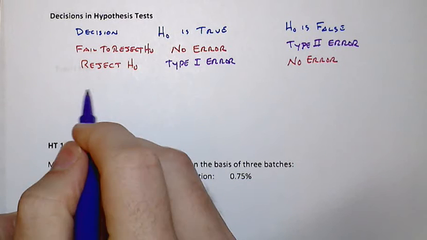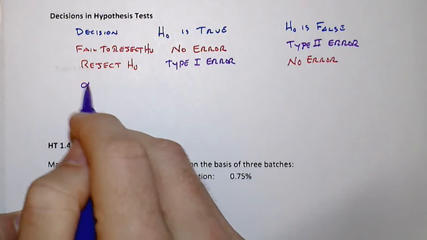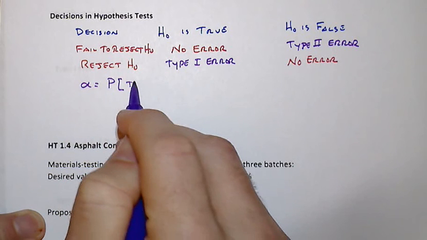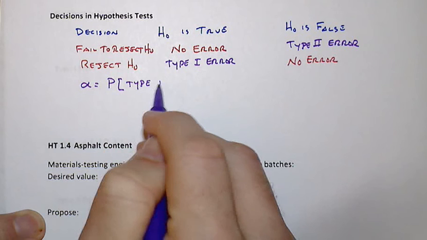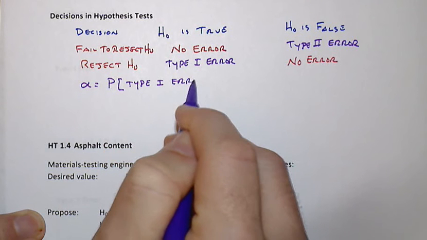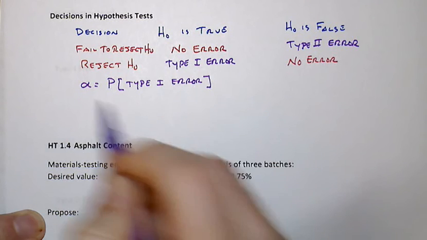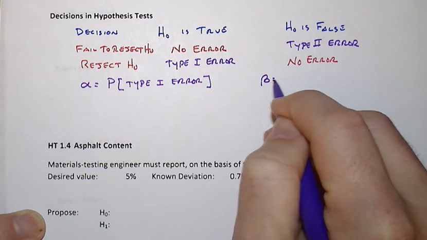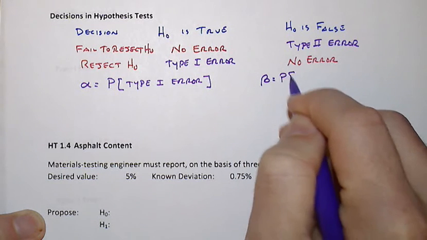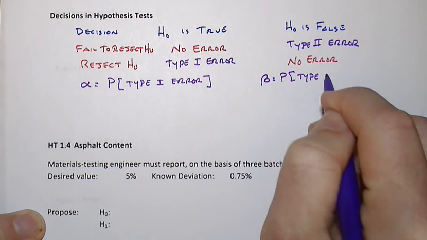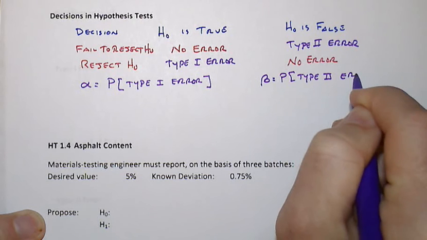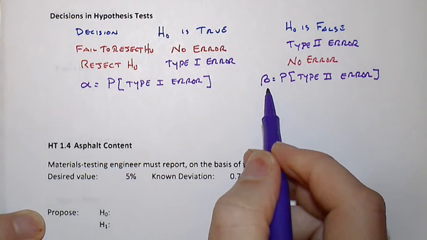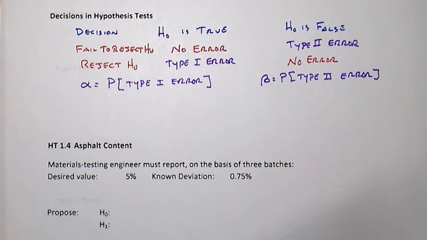And alpha is the probability that we have a type 1 error, and that's a fairly universal symbol, and beta is the probability that we have a type 2 error. Again, beta being a fairly universal symbol.